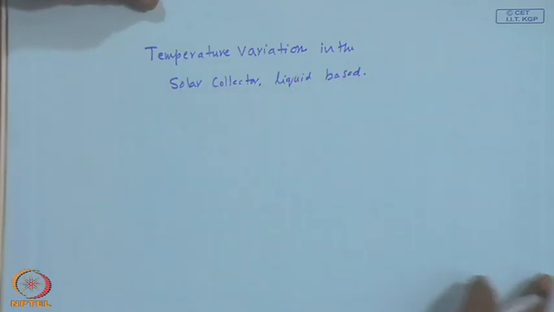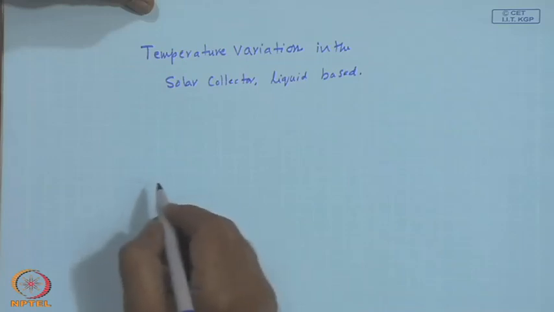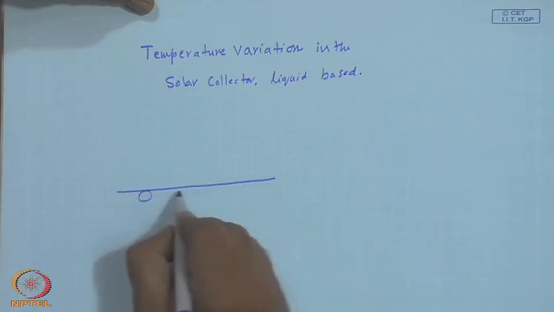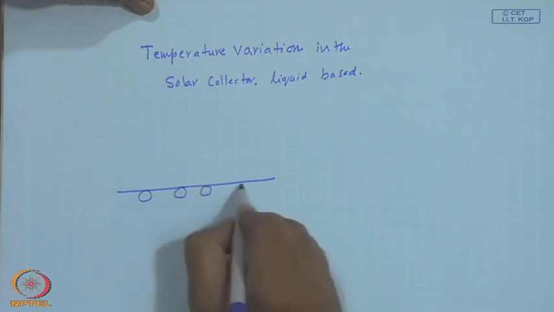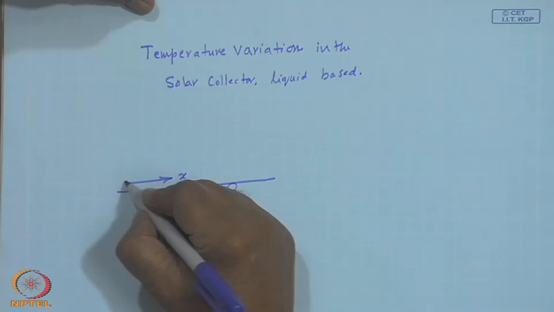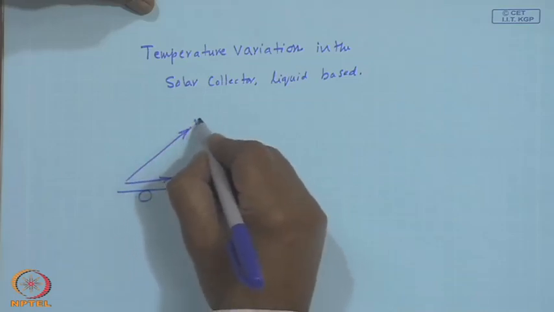Okay. Now, what you have got is something like this. We say this is x and this is y.